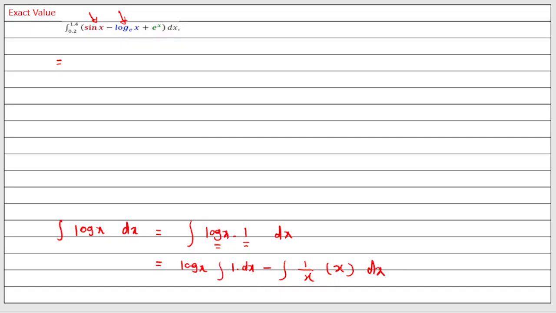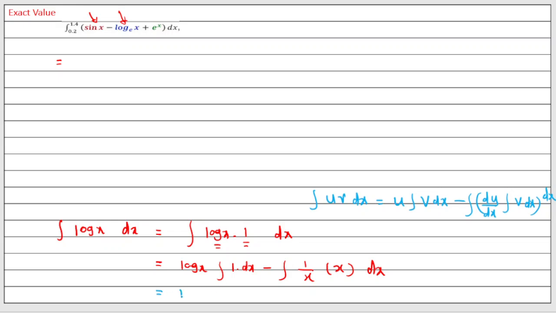I hope you know the formula: integration of u v dx is equal to u as it is, integration of v dx, minus derivative of u and integration of v dx, into dx. All of you remember this formula, right?